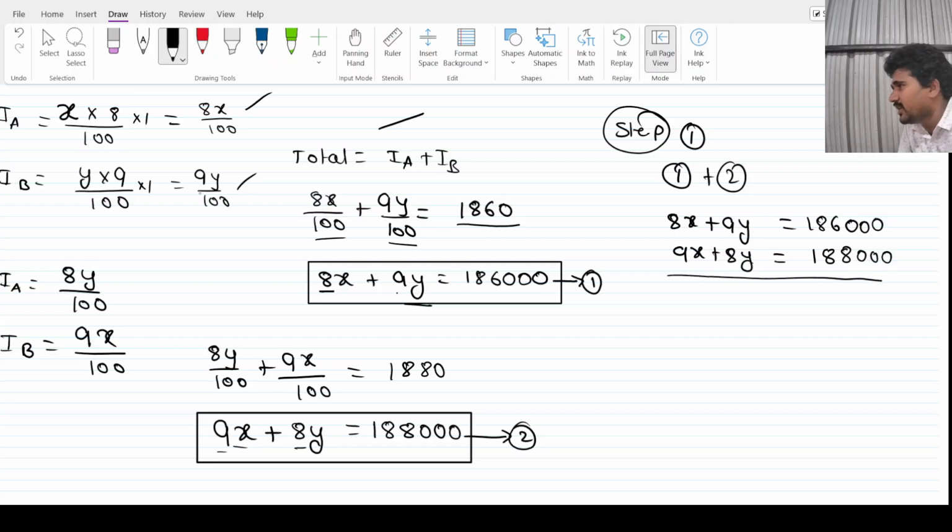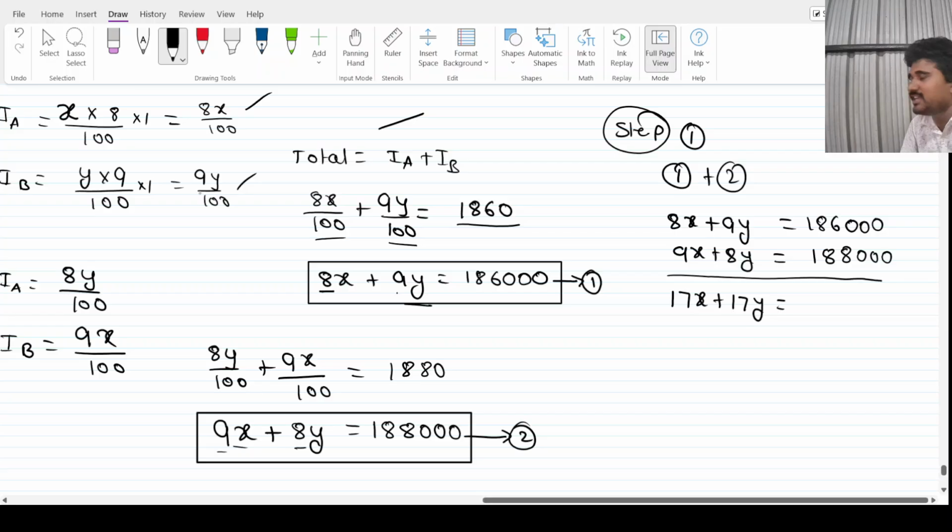Addition only. So 8 plus 9 is 17, 17x plus 17y equal to 374000.